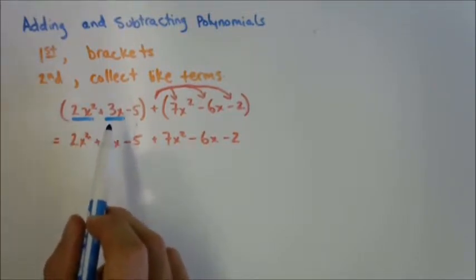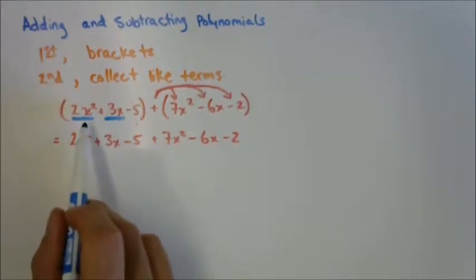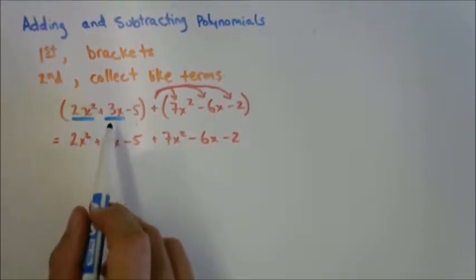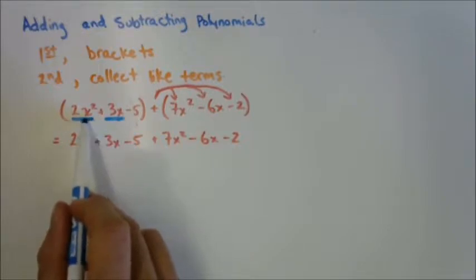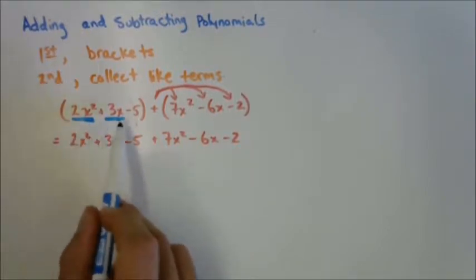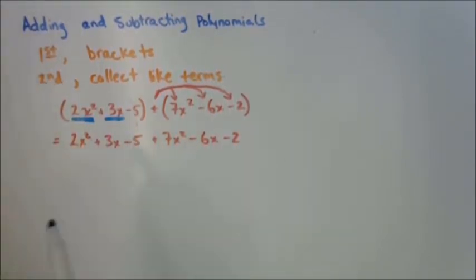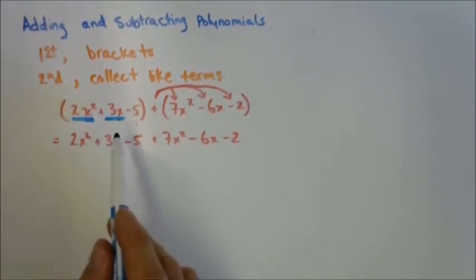They're not the same. X squared means x times x. That would be like saying, if x was 4, then this x would be 4, and this x squared would be 16, right? You can't add those together. They're different values. So you don't have 5 x's. You have 2 x squareds and 3 x's.